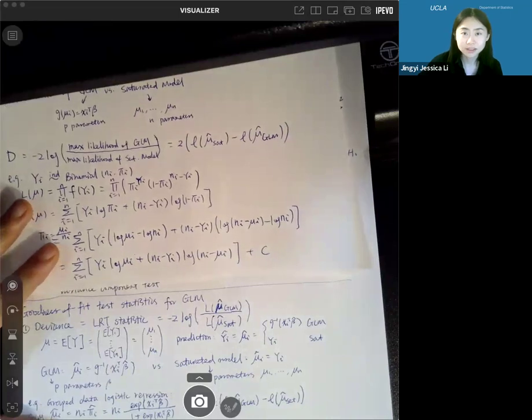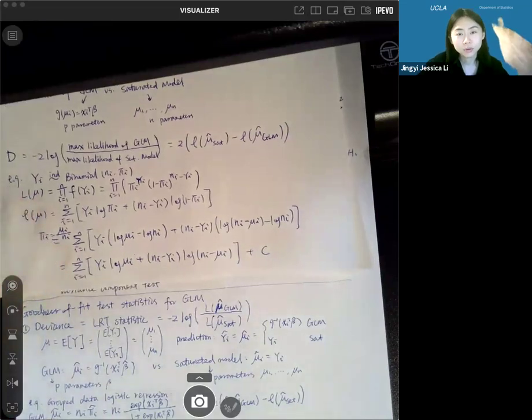Saturated means that you cannot have more parameters than this, because once your parameter number is larger than or equal to n, the number of observations, you basically exhaust all the possibilities. You can just use yi to estimate itself, to predict itself, because there's no constraint.